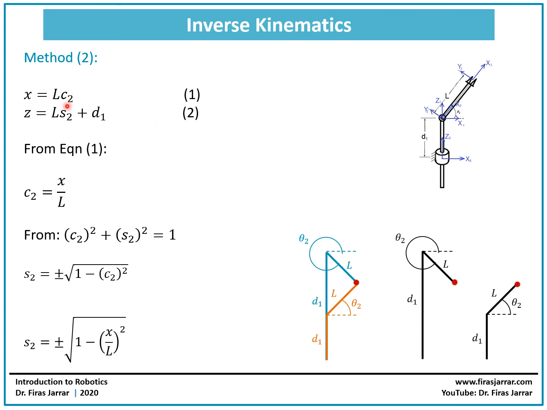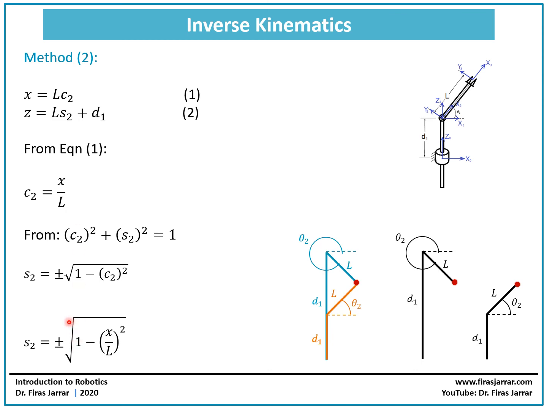You can see directly from equation 1 we can obtain cosine theta 2, which is x over L. And from the general trigonometric identity, cosine squared plus sine squared is equal to 1, we can find that sine theta 2 is plus minus the square root of 1 minus cosine squared theta 2. If you wish, you can substitute x over L for cosine theta 2 here, and now we have a formula for sine theta 2 and a formula for cosine theta 2.